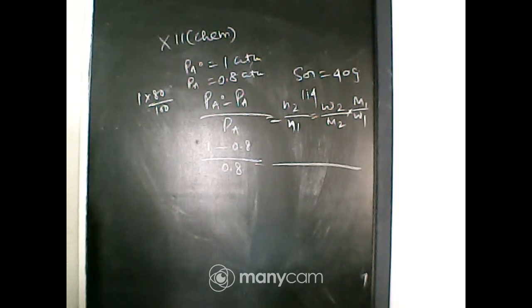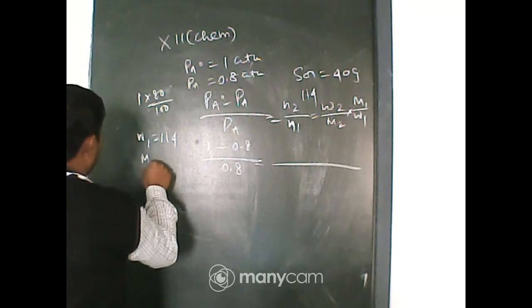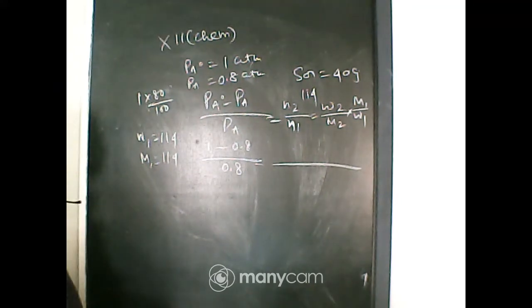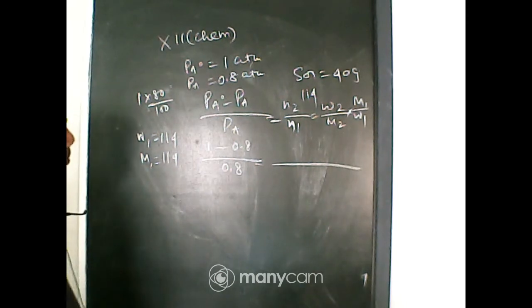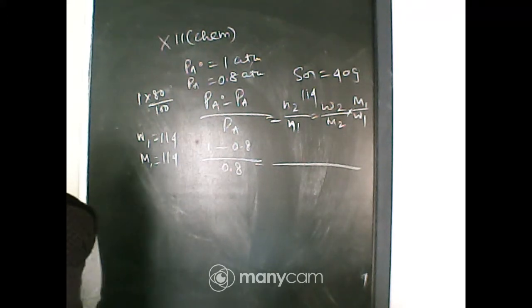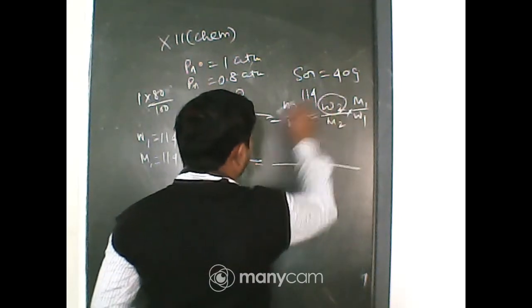So W1 is equal to 114 and M1 is also 114. This is the molecular mass of octane, already calculated in the previous example, and the molecular mass M2 of the solute is 40. Now W2 we have to calculate.